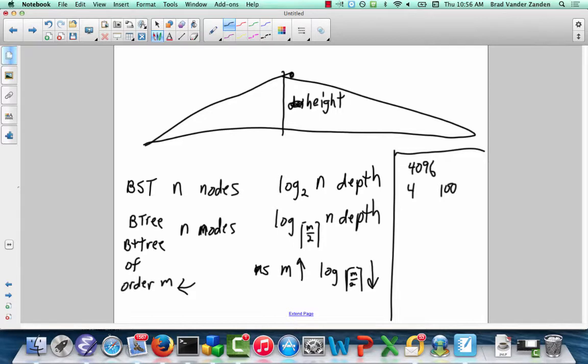If you store the records in the interior nodes, you're only going to get about 40 keys in there, right? Does that make sense?